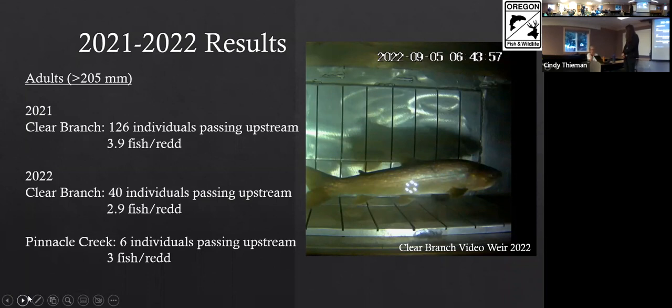I'm wondering whether those numbers are different enough to suggest that, if you've got 126 individuals moving upstream in a given year, are they limited by spawning habitat, right? Like you're not getting as many reds for the fish that are going upstream compared to a year where there's fewer fish going upstream and relatively more of them are affiliated with the red.